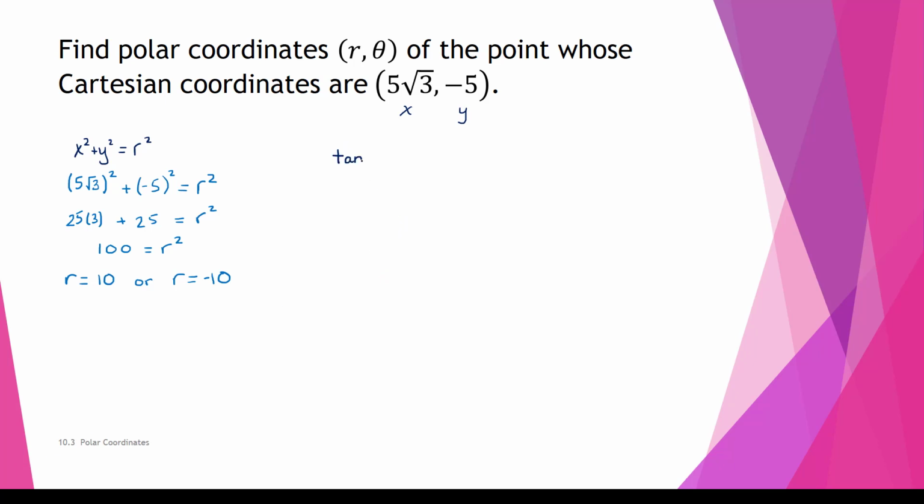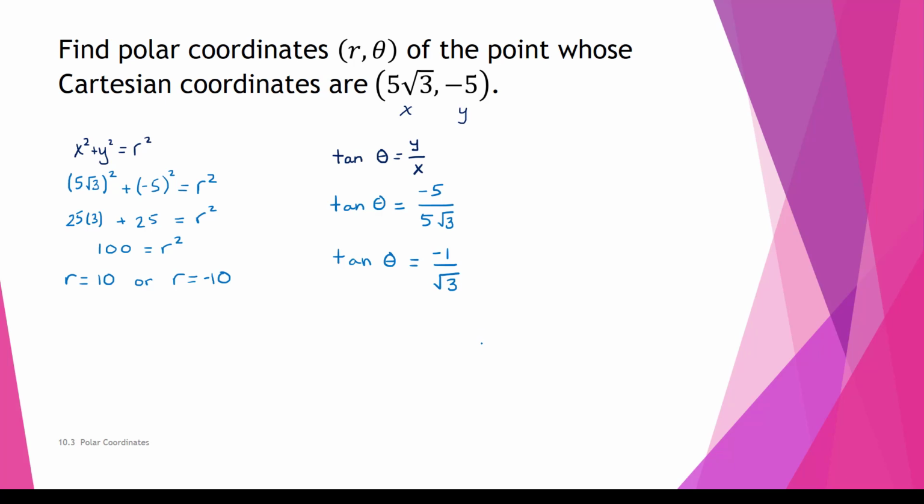So we know that tangent of theta equals y divided by x. Well, that tells us that tangent theta for this point is equal to -5 divided by 5 times the square root of 3. Or in other words, tangent of theta is equal to -1 divided by the square root of 3.